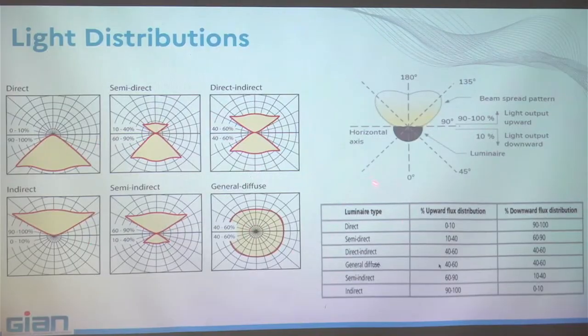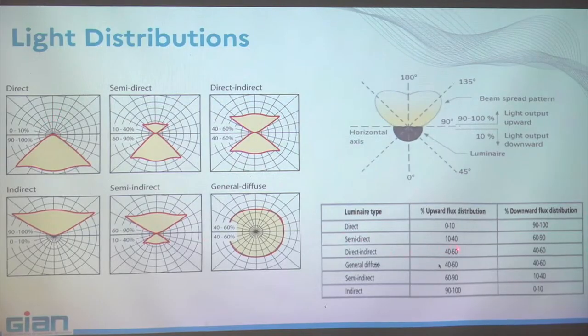And here, following the denomination, that means how much flux percent is going upward and how much flux is going downward. If I have a direct fixture, I can allow up to 10% of flux going upward.